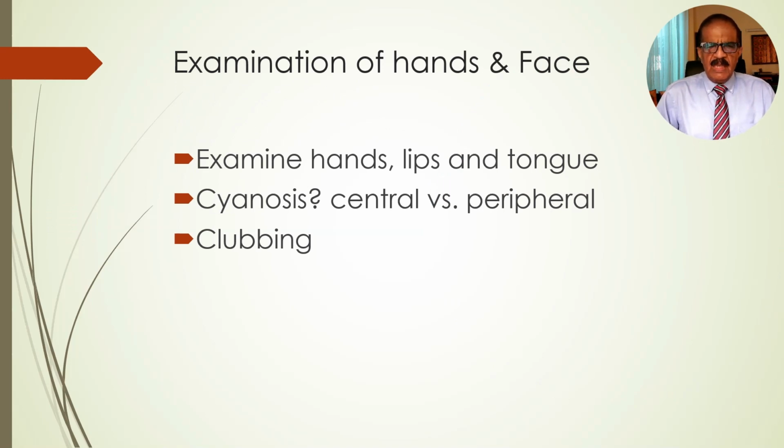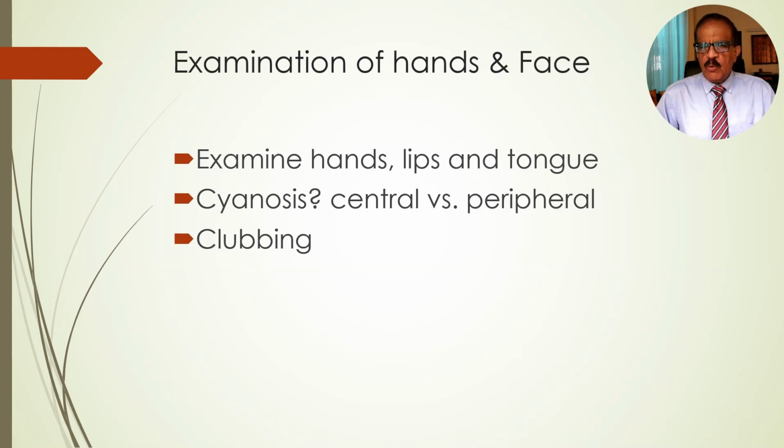Now, you might have examined hands, and you might have inspected the patient's face in general physical examination, but if you have not done that, I believe that examination of the respiratory system should also start with examination of hands and also face.